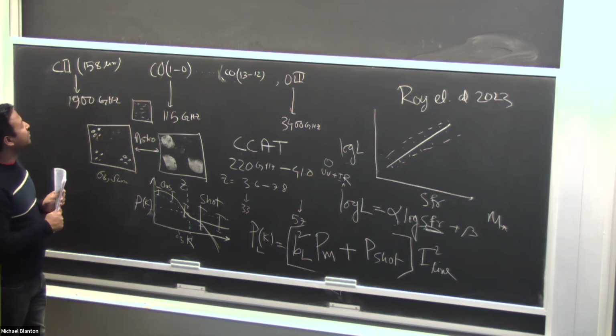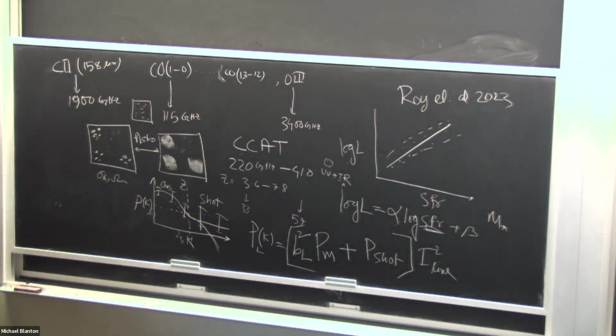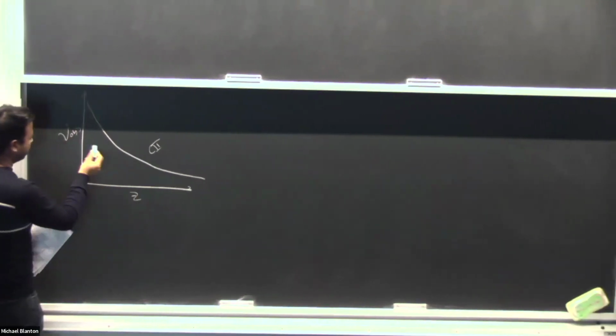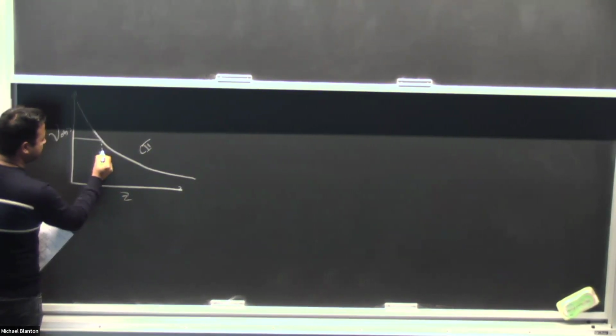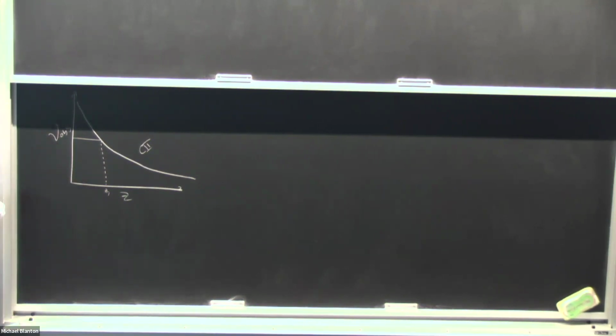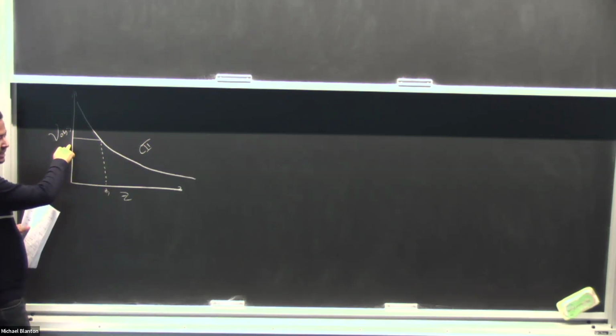Now, to talk about the challenges, I can go here. If you draw that plot again, let's say this is the C2 line, and if I have an observational frequency, I'm going to observe this redshift, and that is my target. But C2 is not the only line that can come into my telescope.